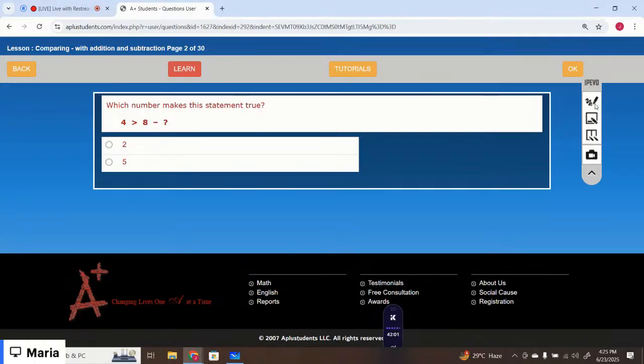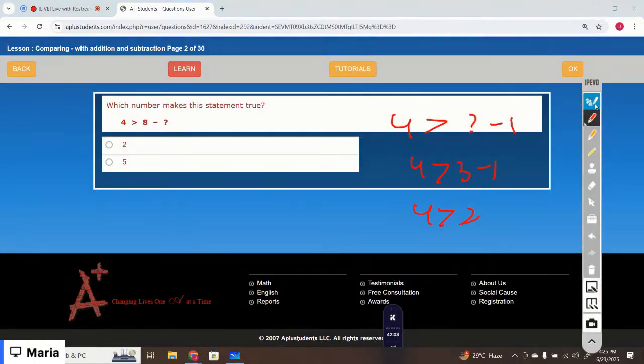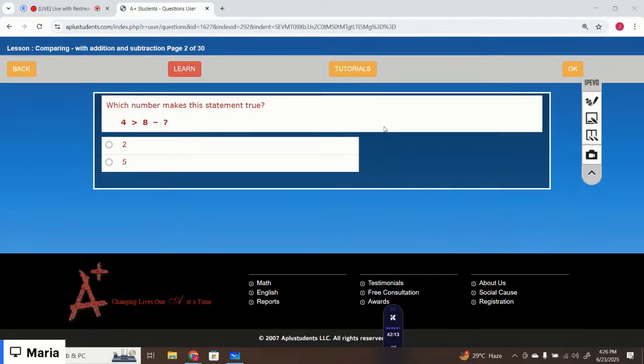That means the number on the right side must be smaller than 4 because 4 is greater. So it will be 8 minus 5, because 4 is greater than 3. Got it? So the missing number would be 5.